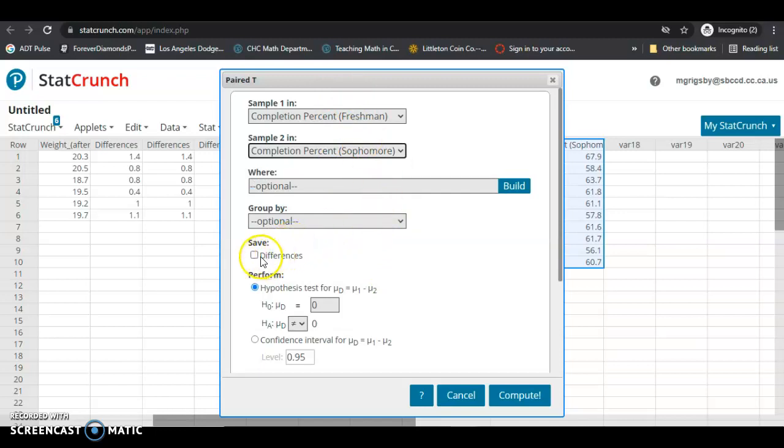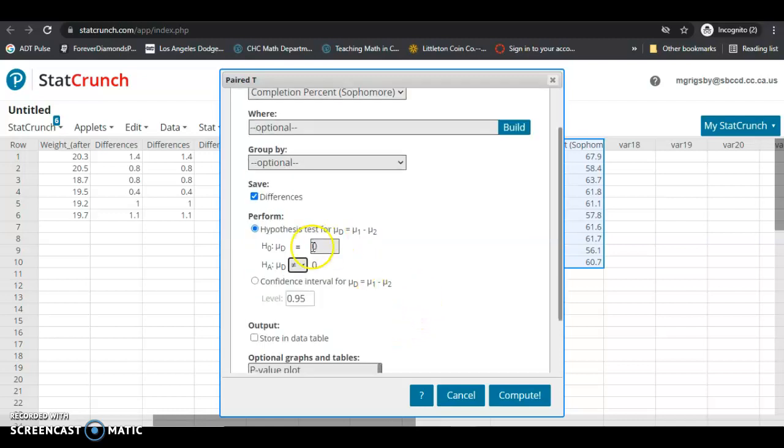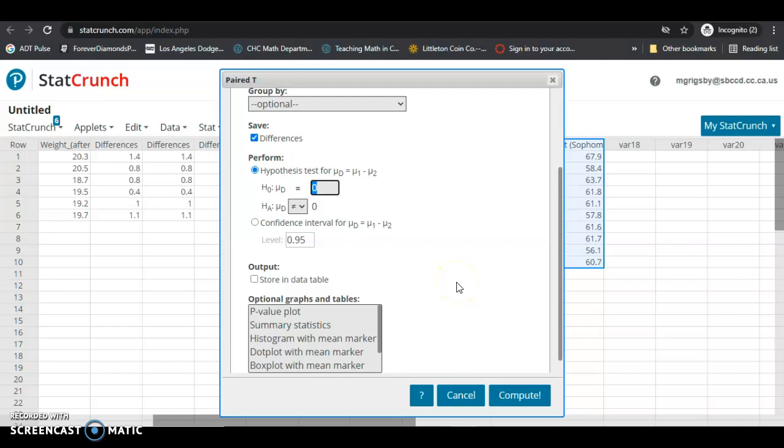We can save the differences in a separate column, and then you set up the null and alternative hypotheses correctly. Keep in mind that you cannot change the symbol for the null hypothesis, but you want to select the appropriate symbol for the alternative hypothesis. This difference is assumed to be 0 unless stated otherwise. We can also do a p-value plot, which is optional.